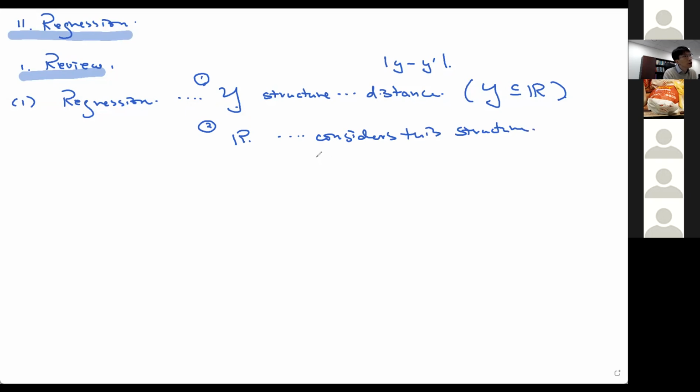When we measure the error of an output of a hypothesis, instead of giving 1 if they are different and otherwise 0, which is the kind of error we use for classification, in the case of regression a typical example is a squared error. Even though h of x is not exactly the same as y, if it's close to y, we score high. If it's far from y, we penalize a lot. So that's the idea of regression.